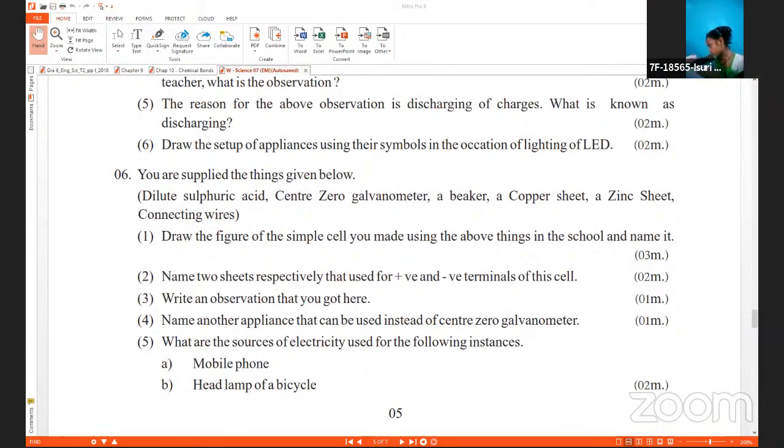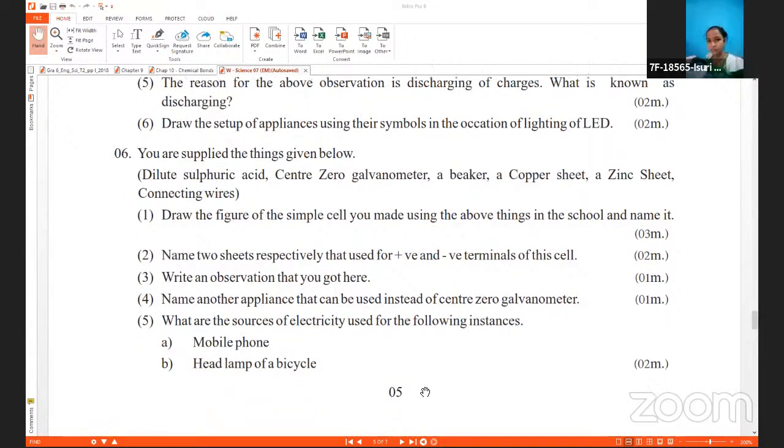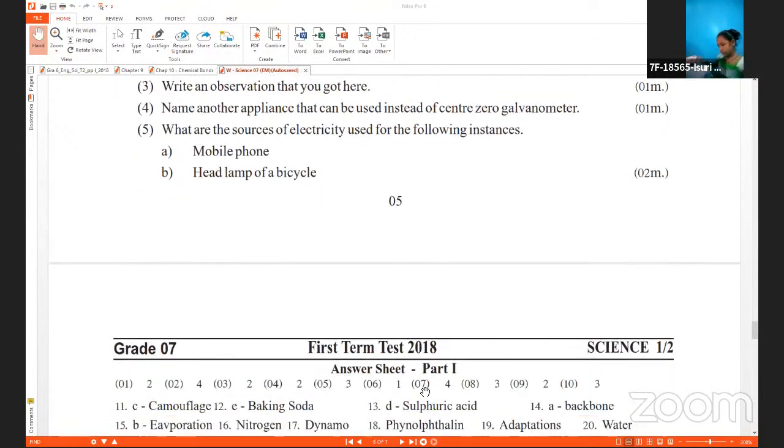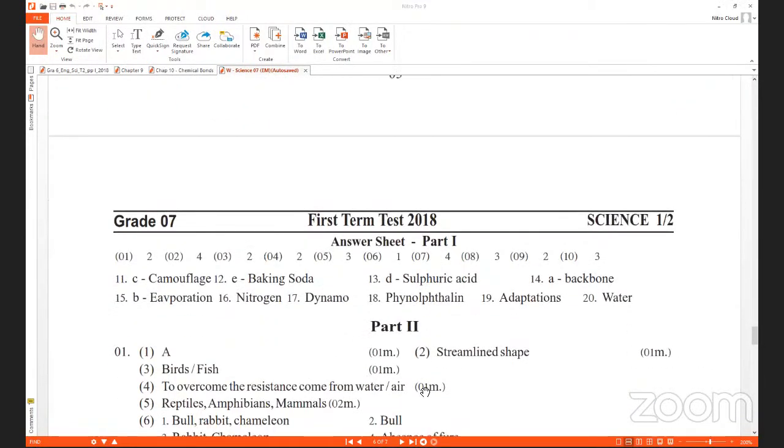You can also say lithium ion cell, but inside there are several cells. Headlamp of a bicycle: dynamo. Okay, so we have completed.